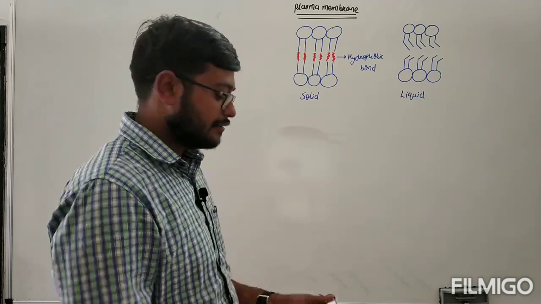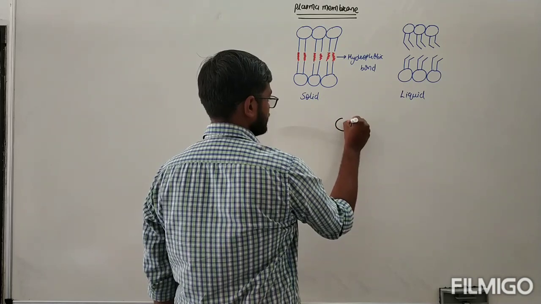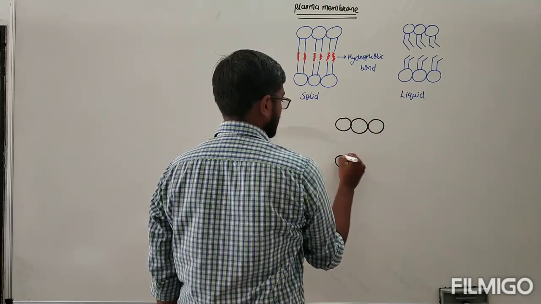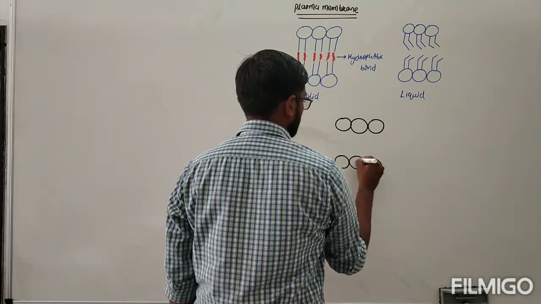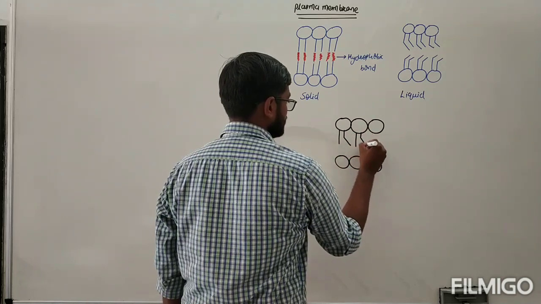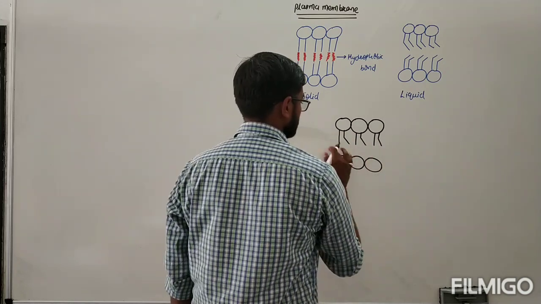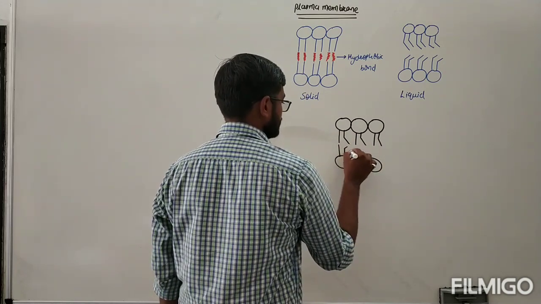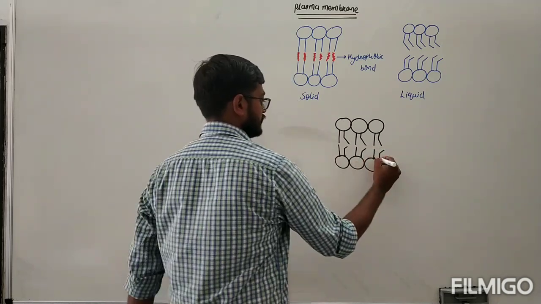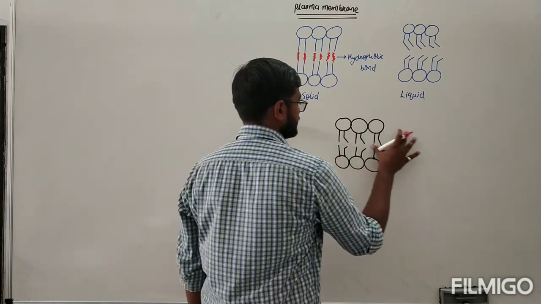But in the case of the plasma membrane that we have discussed, this is the head region, and these are also head regions. Here it is saturated, unsaturated, saturated, unsaturated, saturated and unsaturated. So different kinds of fatty acids are present over here.